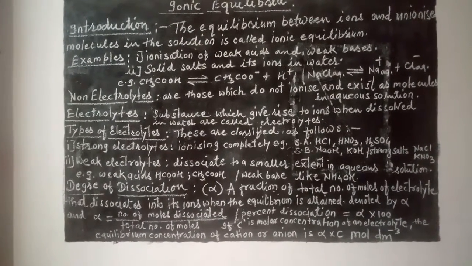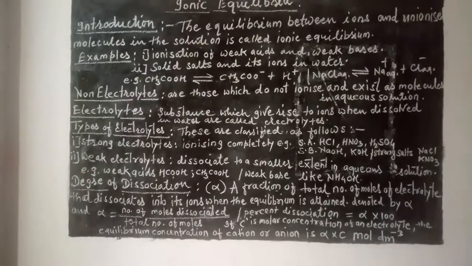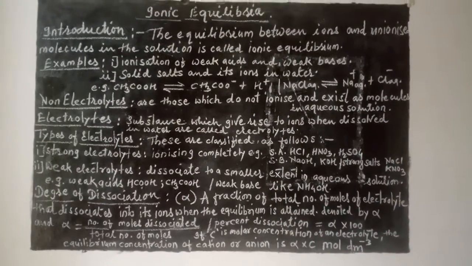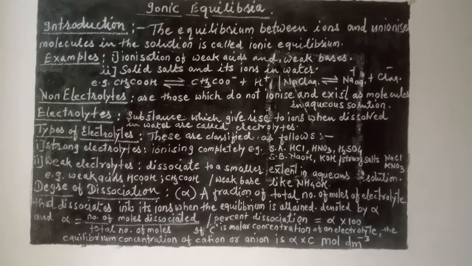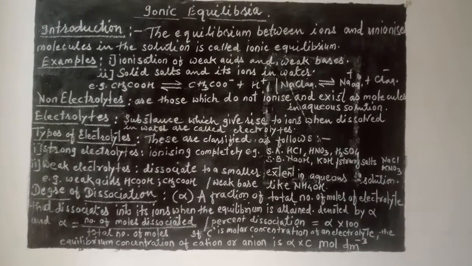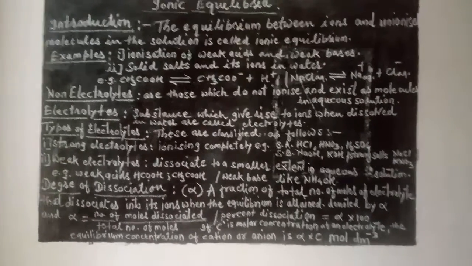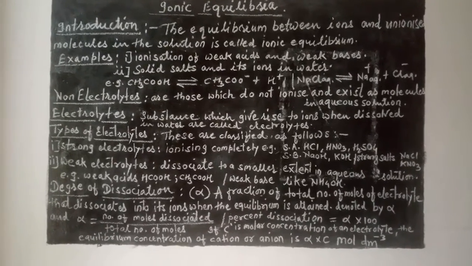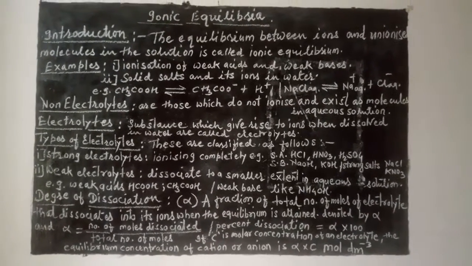Okay. So first we will deal with the strong electrolytes. The strong electrolytes are ionizing completely or almost completely. Means the electrolytes ionizing completely or almost completely are called strong electrolytes.